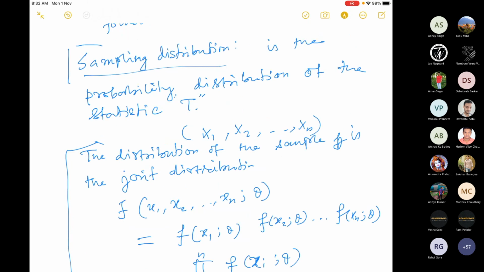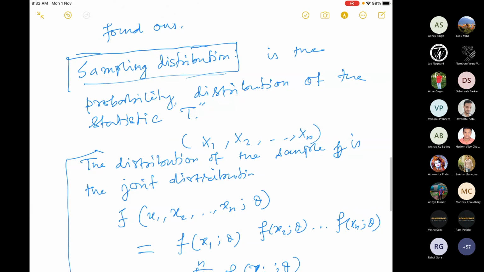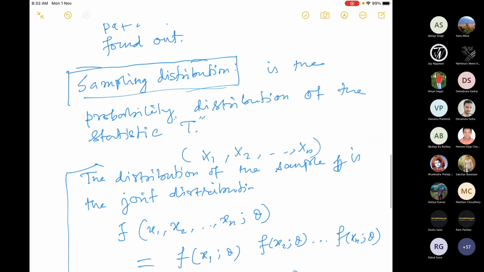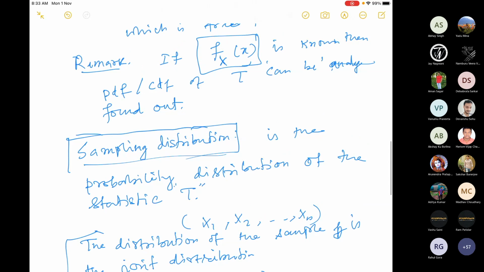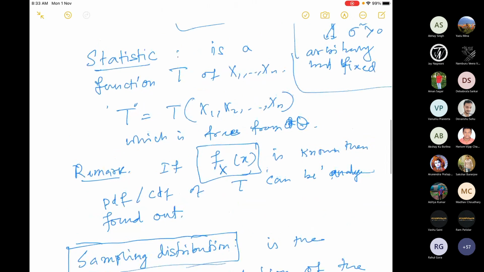Now we'll talk about sampling distributions when the xi's have a specific distribution. If the population random variable x is normal, then what happens to different sampling distributions? That we'll talk about now.